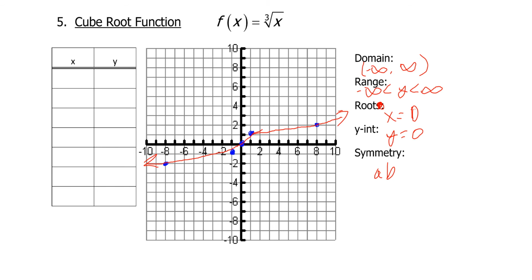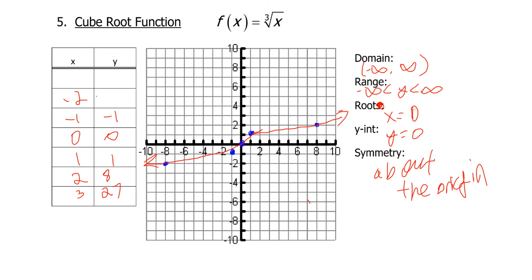The crucial points for this are 0, 0, 1, 1, 2, 8, and 3, 27. And then we have negative 1, negative 1, negative 2, negative 8, negative 3, and negative 27. And there it is.